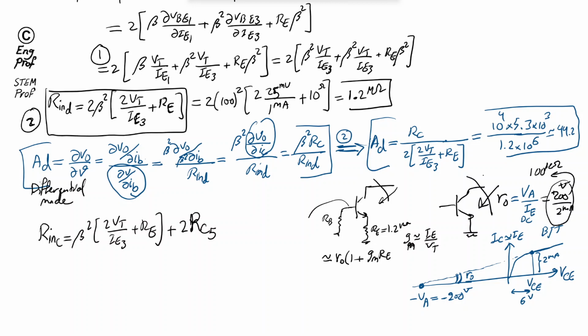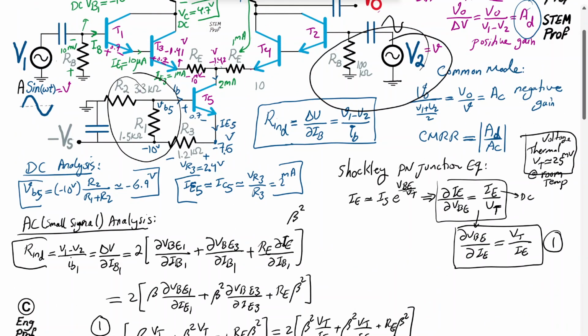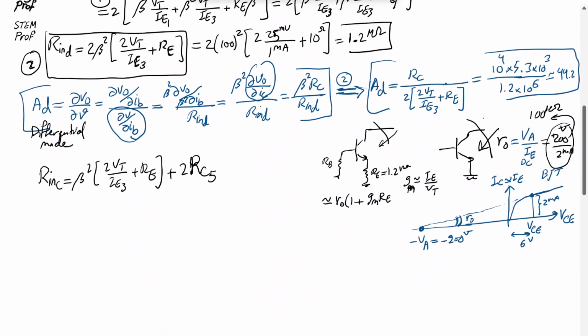And because of the presence of RB with the specific values we have, which are 1.5 and 3.3 kilo ohm, if RB was not there, I could have just written RO times 1 plus GMRE.